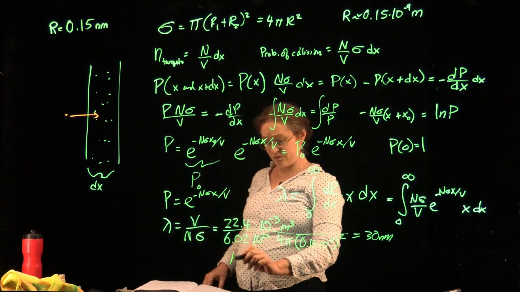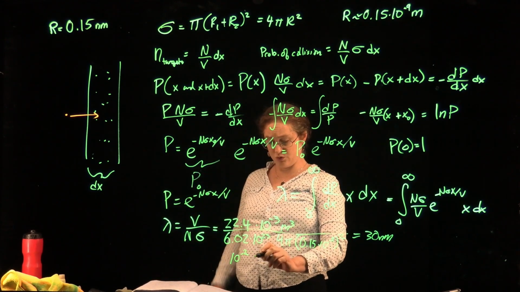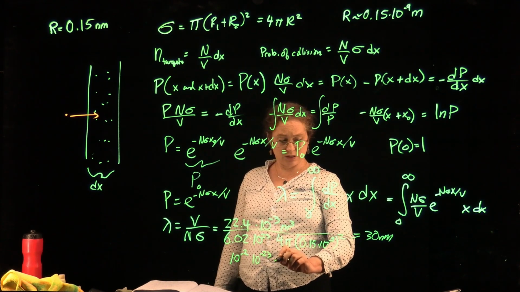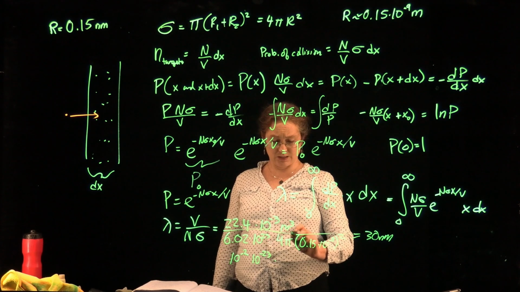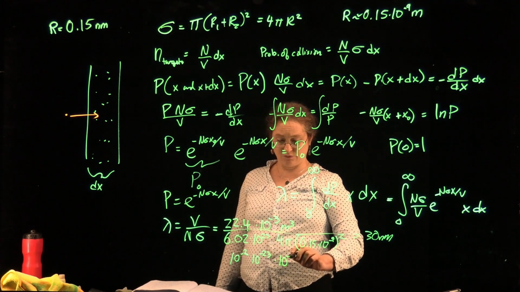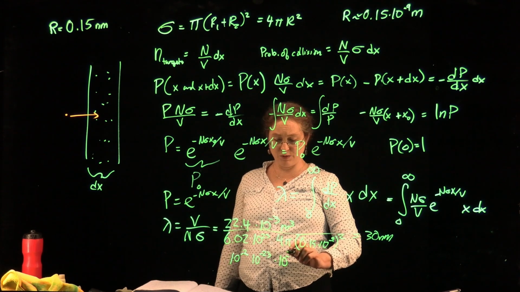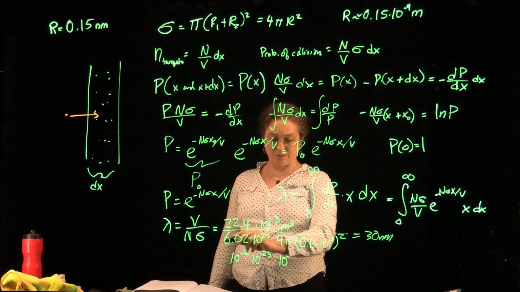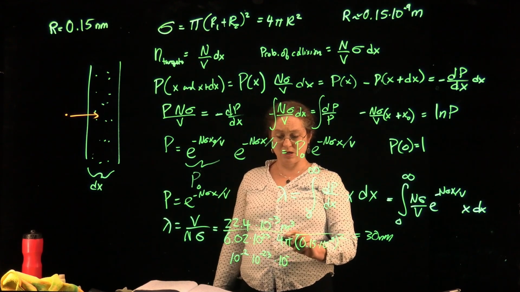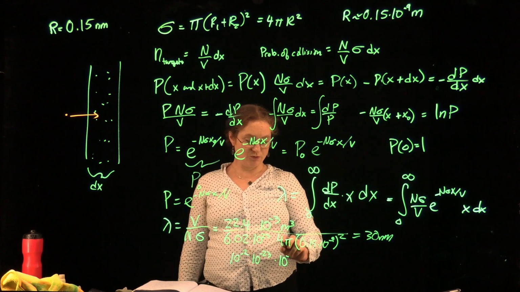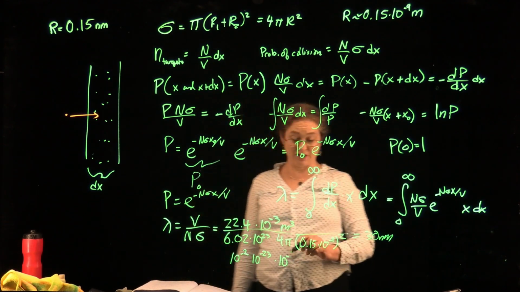So I have 10 to the negative 2 times 10 to the negative 23. Actually, 6 times 4 pi is 24 times 3, roughly 75.